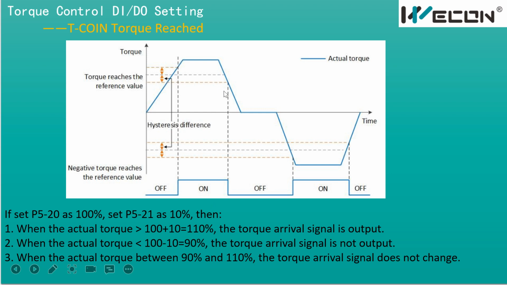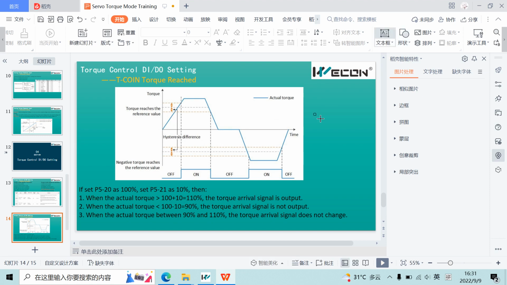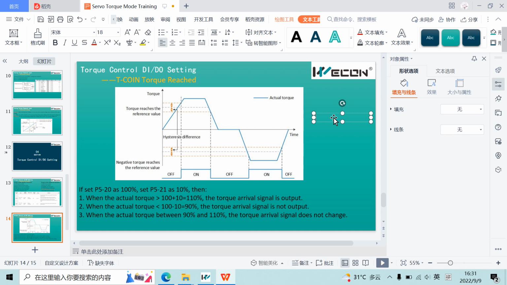So also, for example, if we set our torque instruction as 50%, and we set P5-20 as 80%, and set P5-21 as 10%, then our range will be this one.